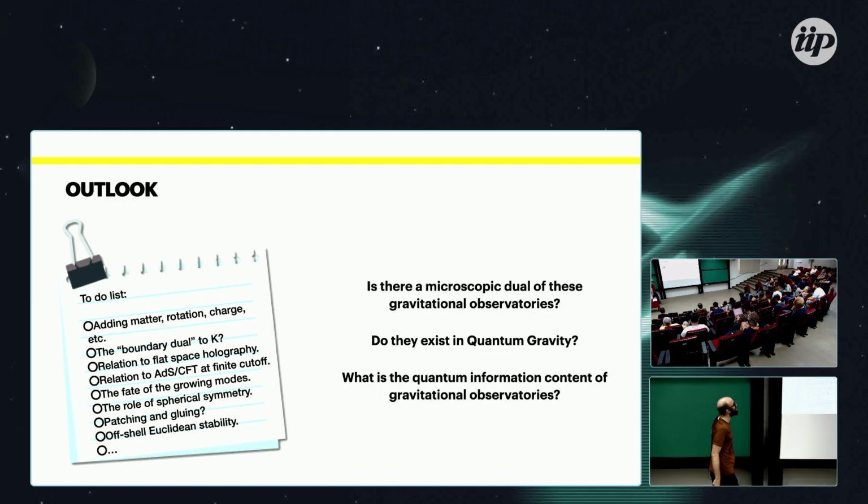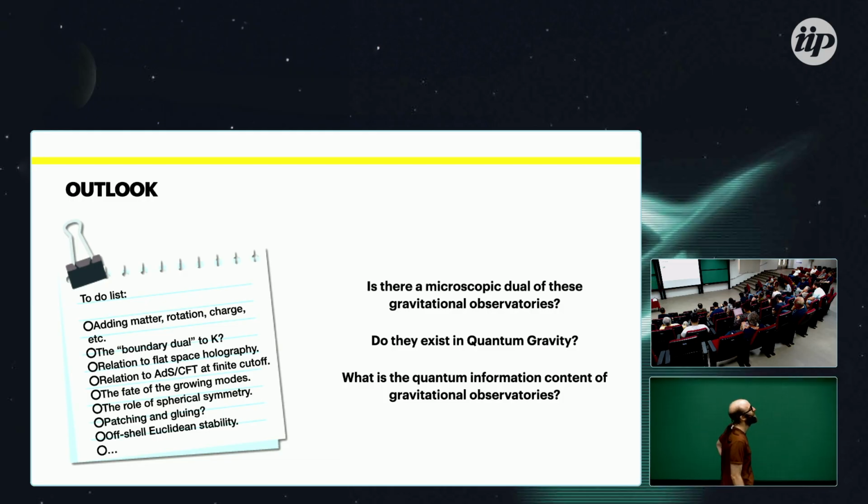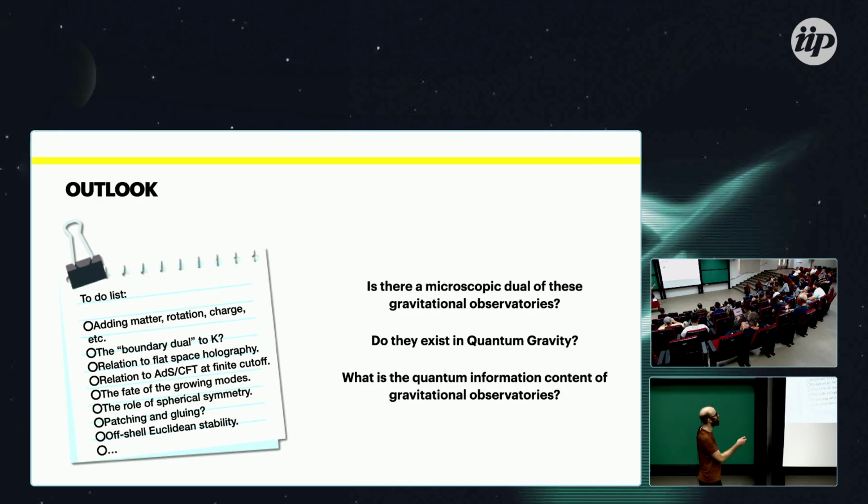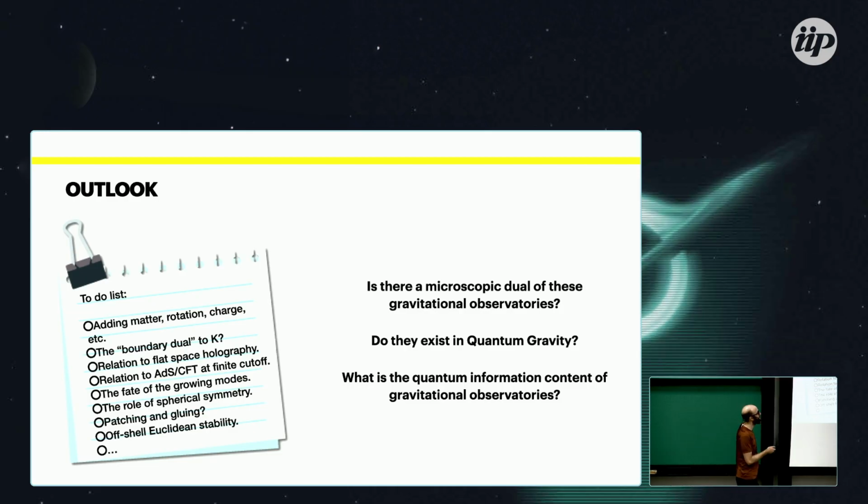But given that this is a quantum information conference, some of the most pressing questions are whether these boundaries exist beyond the classical limit. In quantum gravity, what is the microscopic dual of these gravitational observatories? And if the answer is that they exist and they have a microscopic dual, what is the quantum information of these theories?